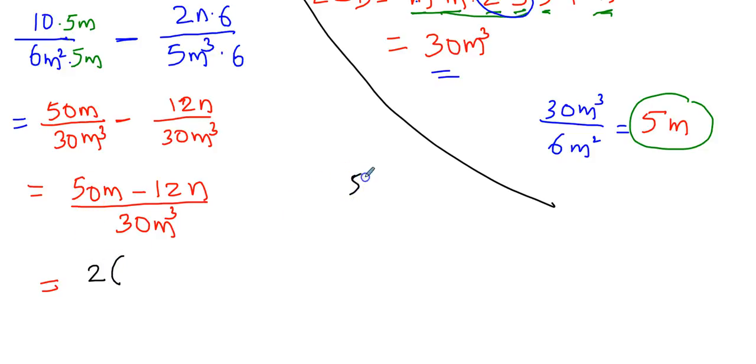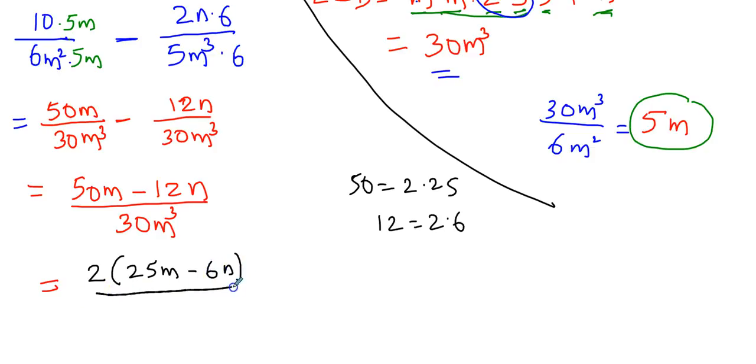Out of 50, 2 is taken away, so 25 is left over, and also there is an m, that is 25m, minus, from 12, 2 is taken out, left with 6, so 6n. And in the denominator, it is 30m cube.